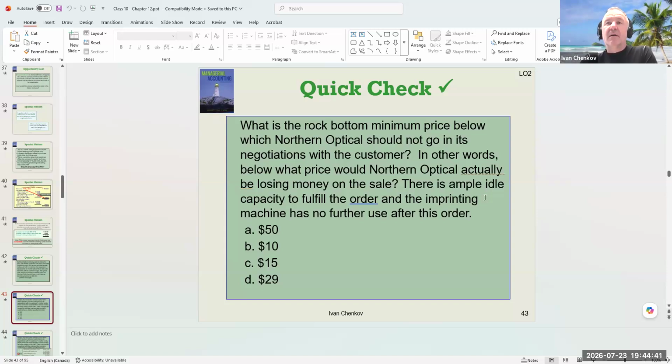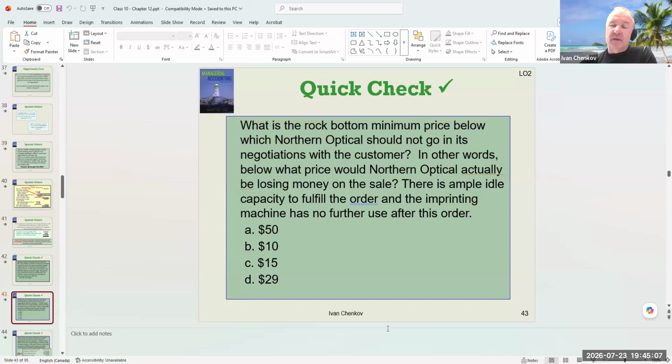I have ample or idle capacity, more than enough. So what will be the very, very minimum price that I have to charge this client, at which point I'm not losing money?